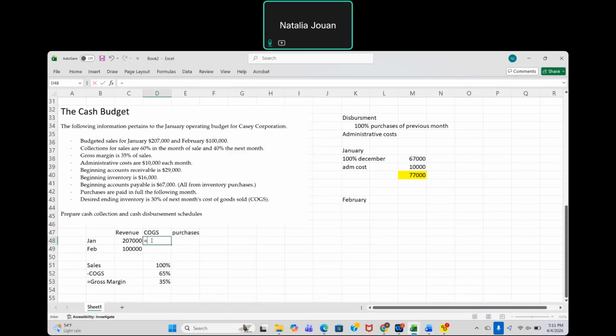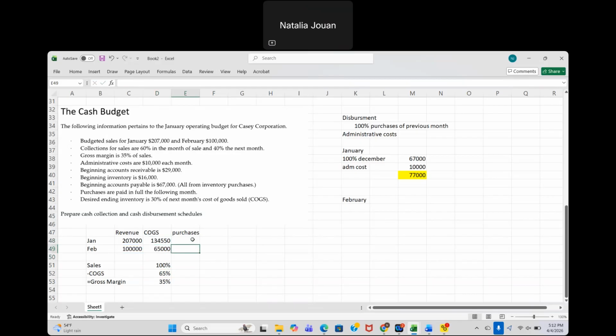So let's figure out the cost of goods sold. 65%. And we're going to do the same for February. Why are we using 35? Okay. There we go. 52, that's good.